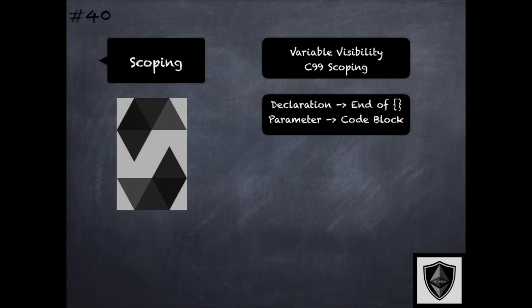This is again something that you'll be very familiar with if you've programmed in any of the high-level languages. Variables that are parameter-like, such as function parameters, modifier parameters, and catch parameters, are visible inside the code block that follows: the body of the function or modifier for a function or modifier parameter, and the catch block for a catch parameter.